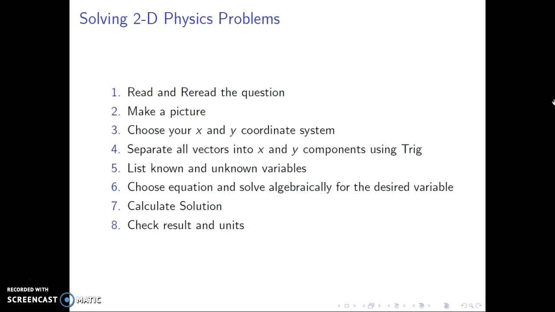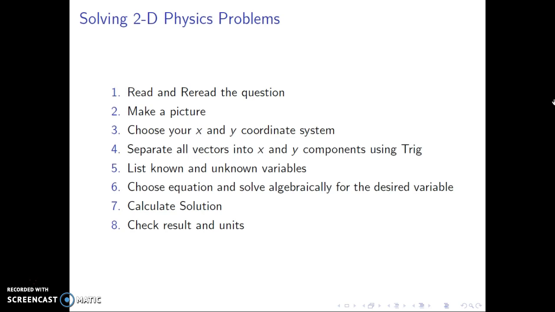Fifth, we need to list everything we know and everything that we don't know. And I will add also here on the fifth step, we need to identify the variable that we are looking for, that the problem is wanting us to solve for. Step 6, now we choose an equation and solve algebraically for the variable that we need.